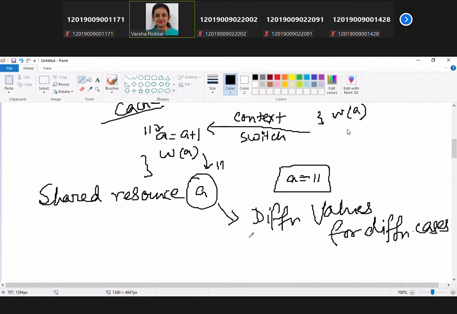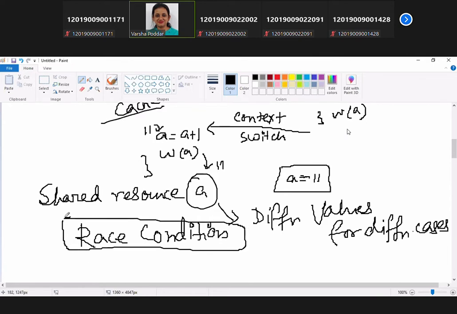This type of condition is named a race condition. What is race condition?